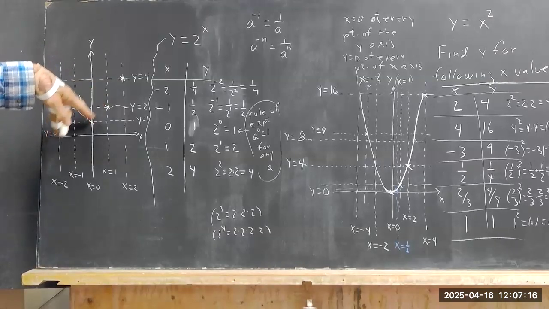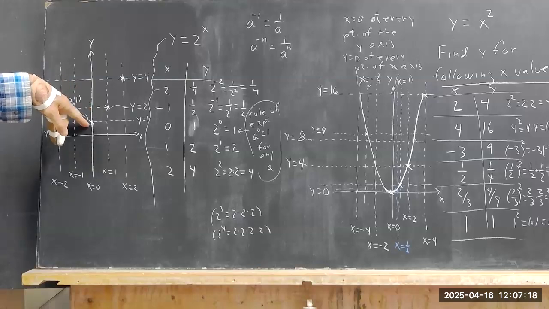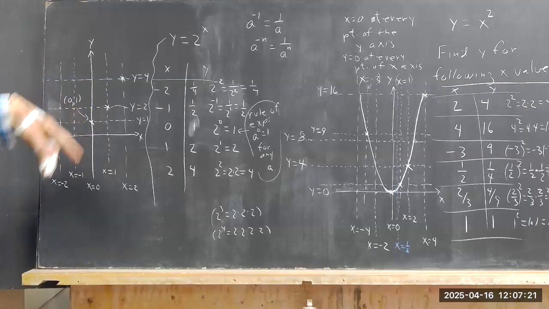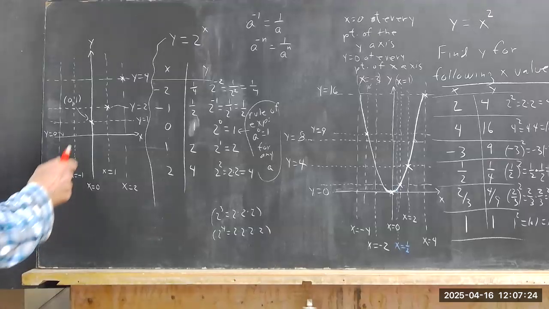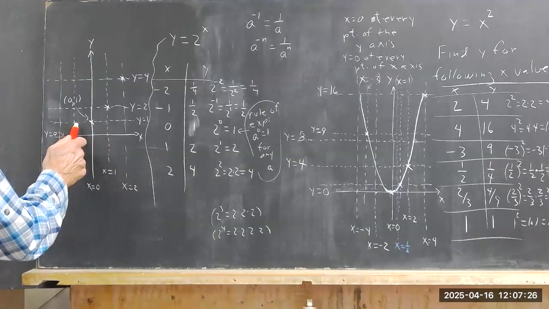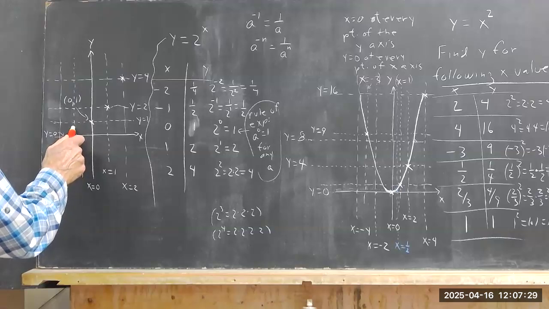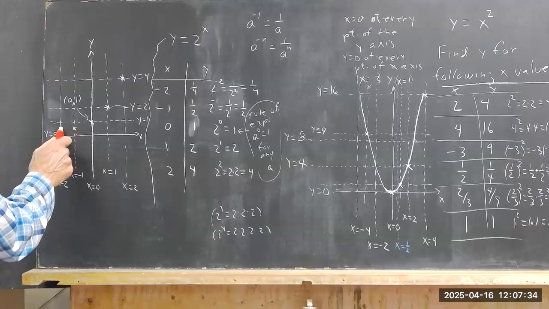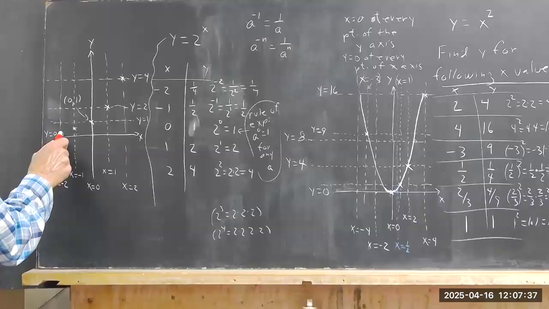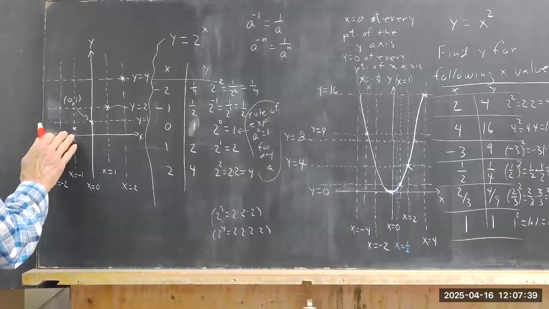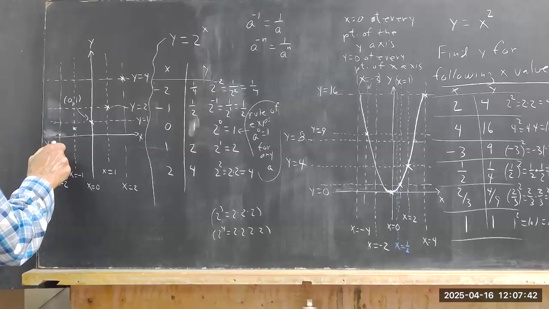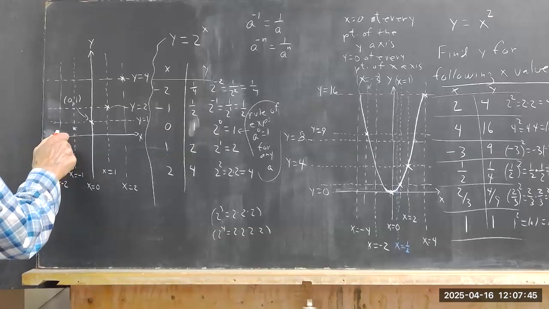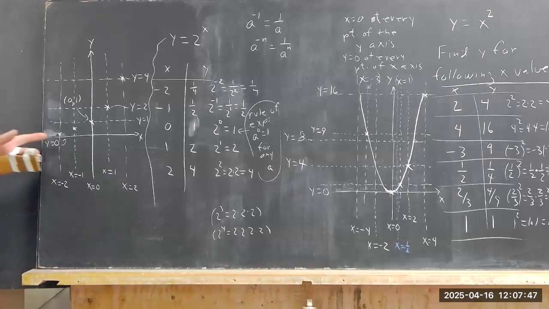Then if I go from this point to this point, I go 1 line left and halfway to the x-axis, which tells me if this pattern continues, I should be about here. And then if I go 1 left and halfway to the x-axis, that'll put me about here, which gets in the way of my labeling for y equals 0. So that's maybe where my points are going to be if the pattern holds.